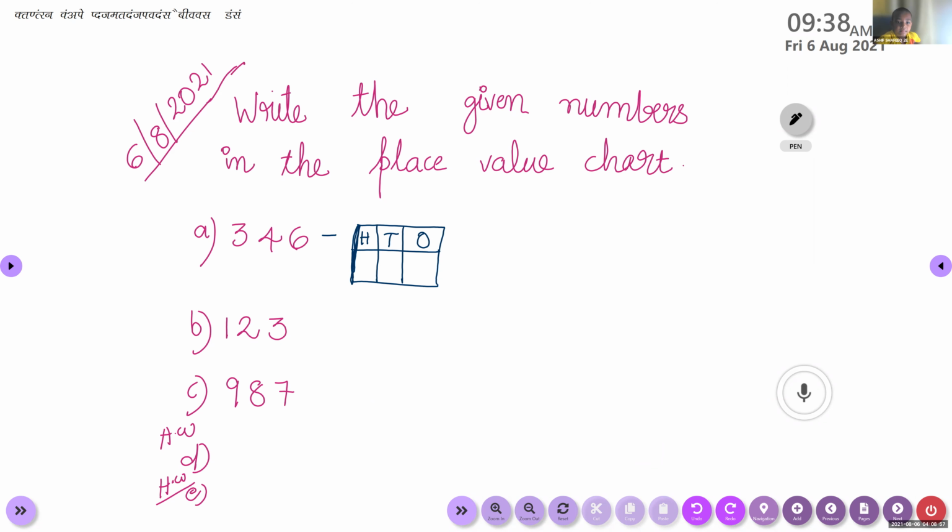Correct. In tens place? 4. And in ones place? 6. Correct answer. Good. Will you read the number? 346. Correct, my dear. Very good.